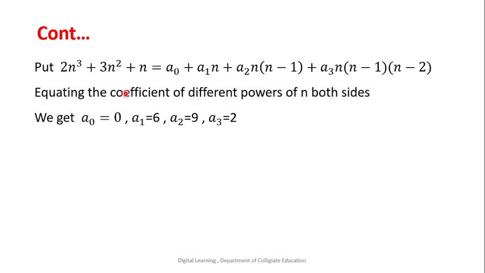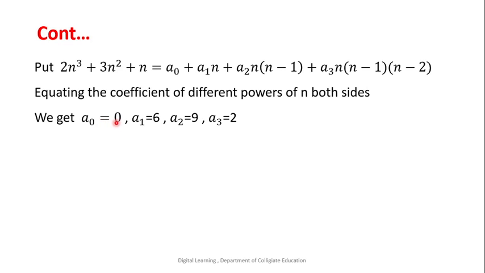Now, equating the coefficients of the different powers of n, we get the n cube coefficient on the left is 2, and on the right is a3. Therefore, we get a3 is 2. Then comparing the n square coefficient, we get the a2 value. Then comparing the n coefficient, we get the a1 value. And comparing the constant on both sides, we get the a0 value.